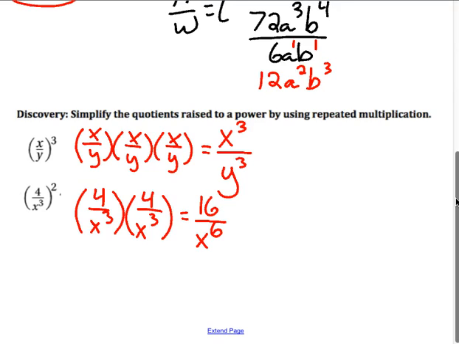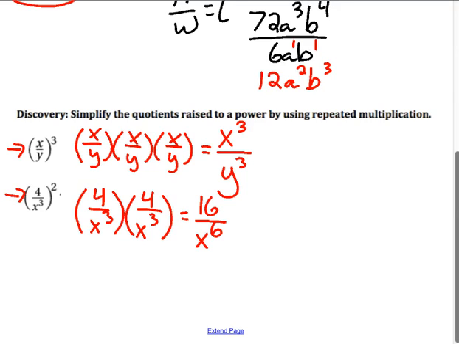So I think what's happening again, I think it's pretty intuitive, is when you're taking a quotient to a power, just like a product to a power, the power is going to influence everything, okay? So in this top one, that third power influenced everything, the x and the y. This squared influenced the 4 and the x cubed.